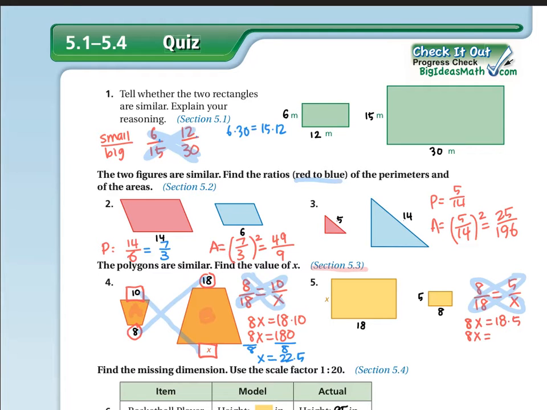When you multiply 18 times 5, it's going to give you a total product of 90. And then after that, you're going to simply divide this again by 8, and you'll have an answer of 11.25.